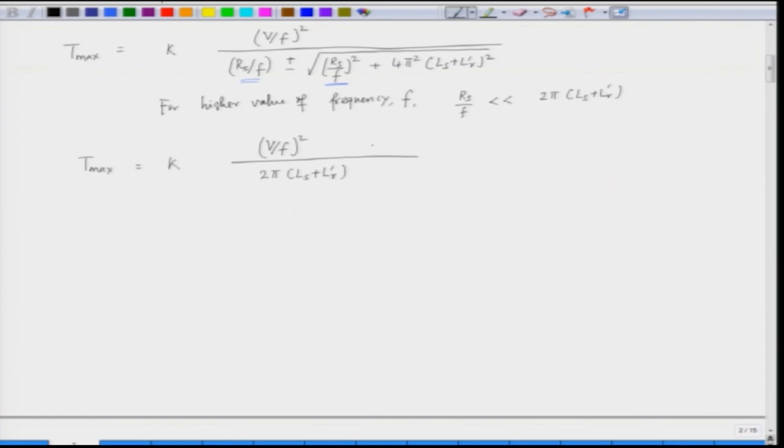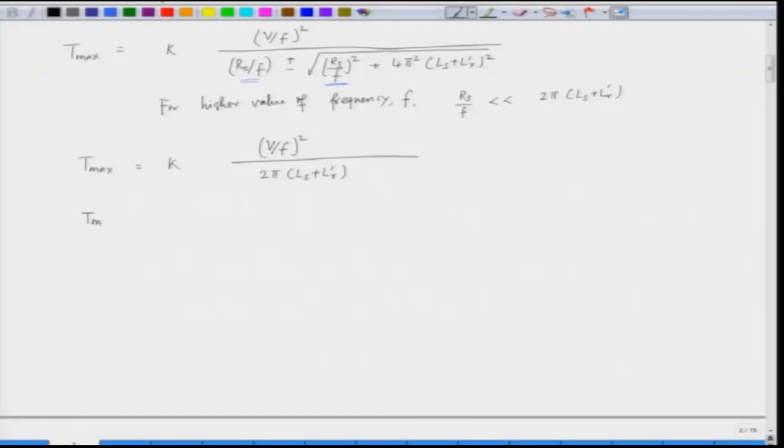Now, this is our equation which gives the maximum value of torque. We now see that the maximum torque remains constant if V by f is kept constant. That is the reason why we always keep V by f constant when we are varying the voltage and the frequency.